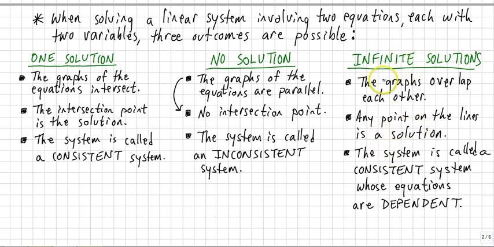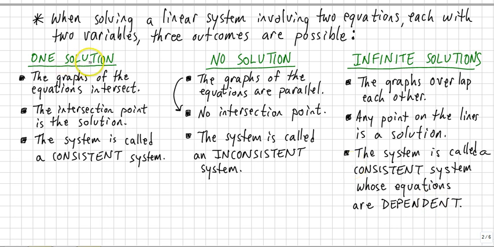Since this type of system does have solutions, it has more than one, but it has solutions, it's still a consistent system. So consistent systems have solutions. In this case, though, since there's an infinite number of solutions, the two equations in the system are called dependent equations.